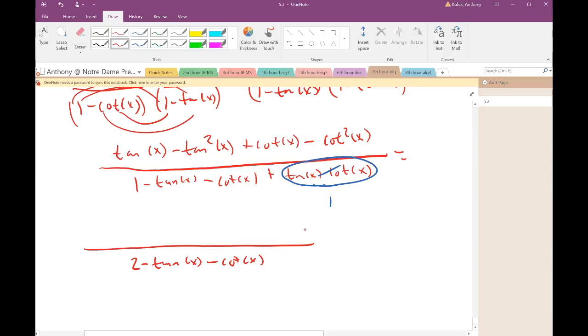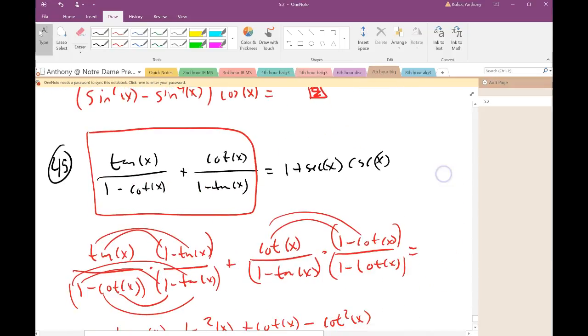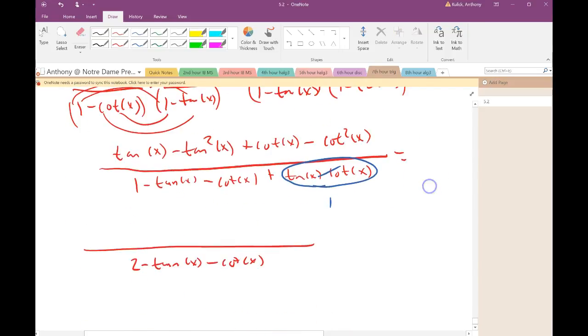And then I have up here, let's see, is there something I want to do here? What are my options for those tan squared and cotangent squared? Is there anything good I can do there? Tangent squared and cotangent squared give me secants and cosecants. My answer has secants and cosecants in it.